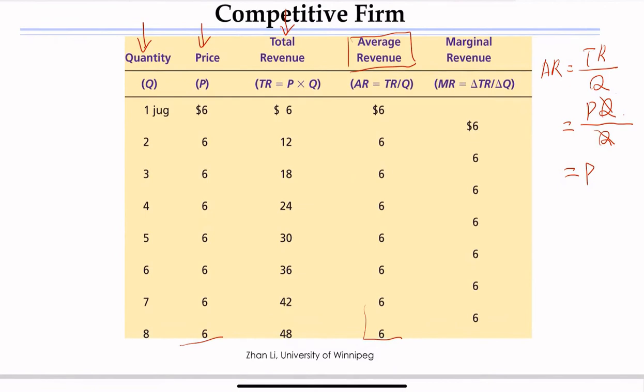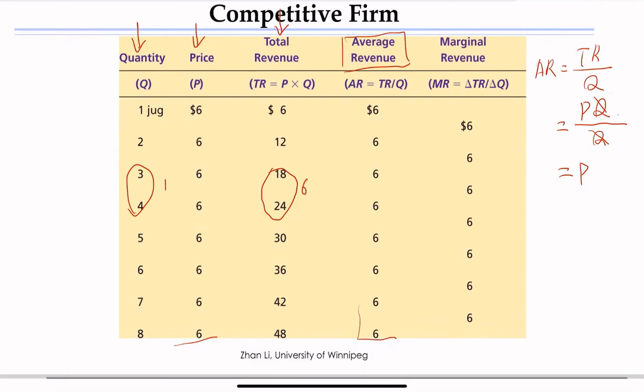So let's say we look at these two numbers, right? In this case, you can see that as you increase the quantity from 3 to 4, total revenue increases from 18 to 24. So this is a difference of 6. This is a difference of 1. So you would use 6 divided by 1. This gives you 6. So this is the marginal revenue.